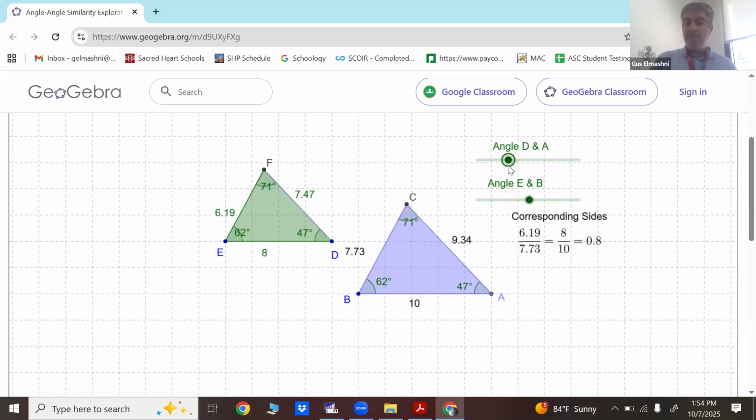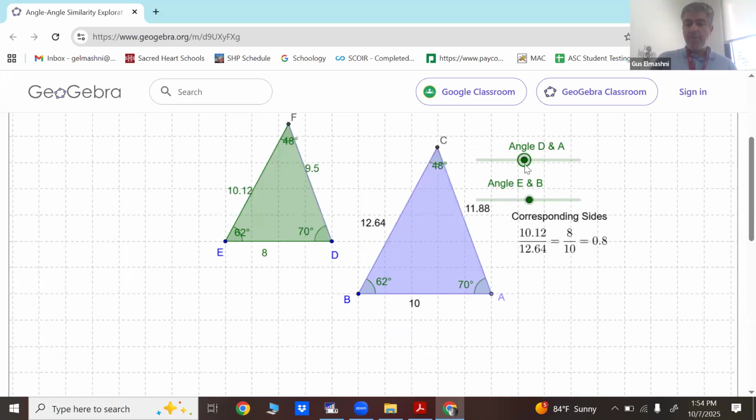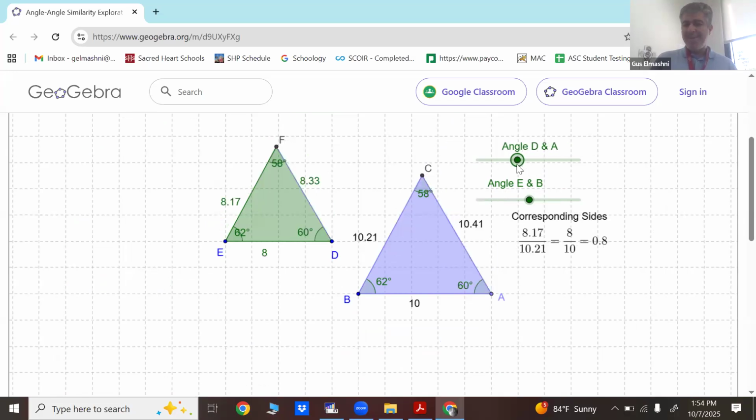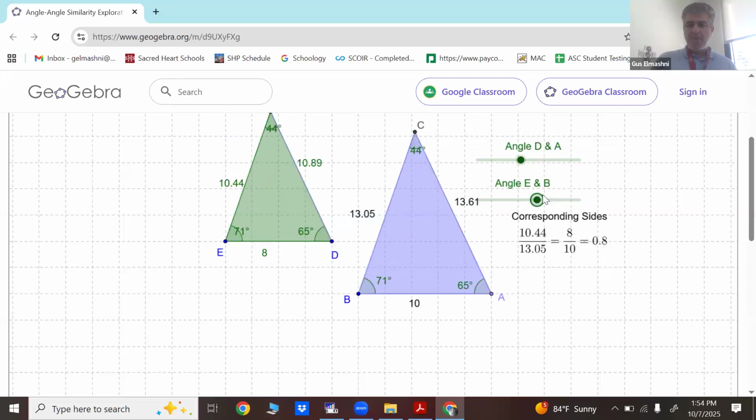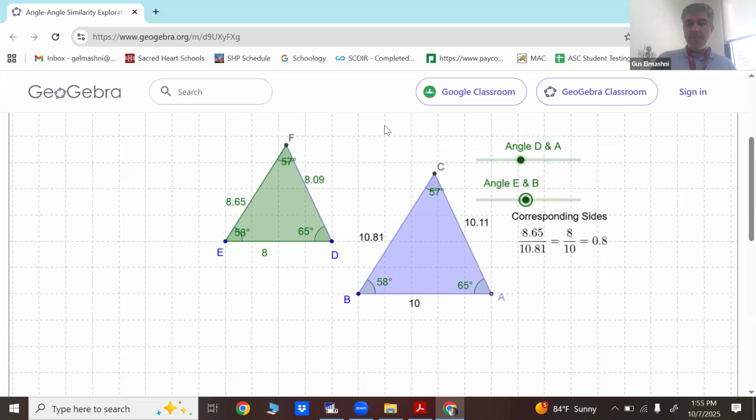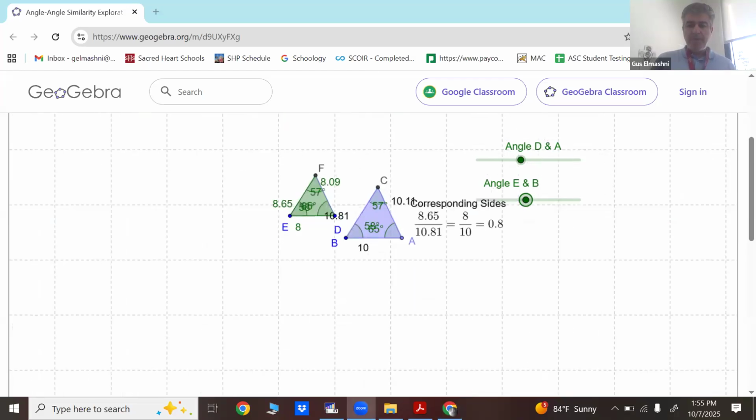So as D and A change, F and C will correspond or react to it. And even the corresponding sides, like EF to BC, will still be an 8:10 ratio because ED to BA is also 8:10. Or if I even do this, nothing really changes. So we see that this is angle similarity. That's just a little demonstration.